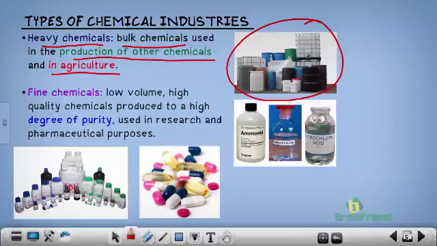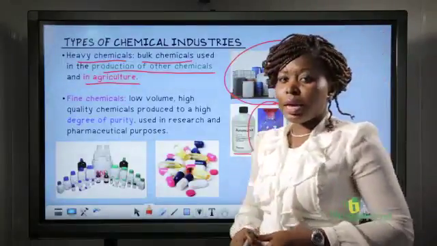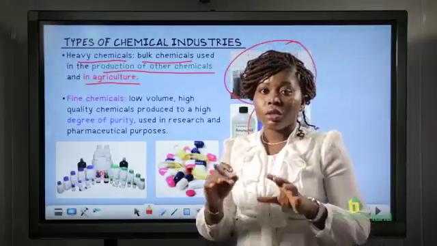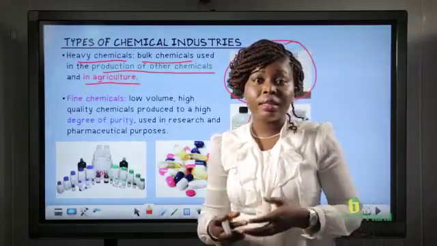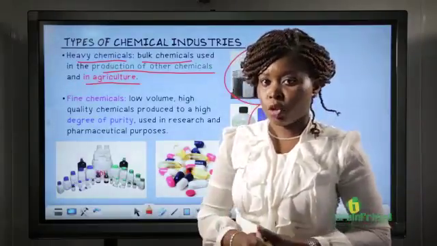Examples of heavy chemicals are ammonia, sodium hydroxide, hydrochloric acid. For example, the sodium hydroxide is a chemical that is produced in bulk, and it is used in the making of other chemicals that are present in our cleaning agents, such as our liquid soaps and bar soaps.